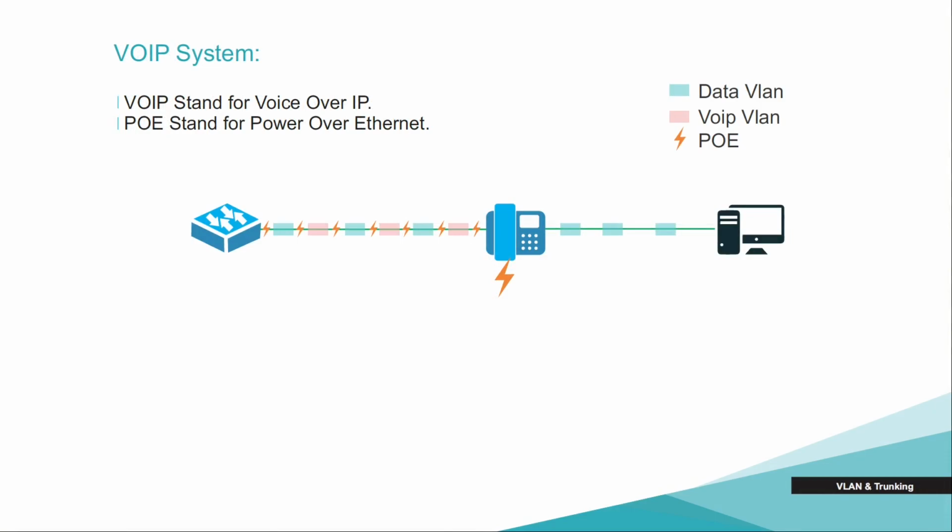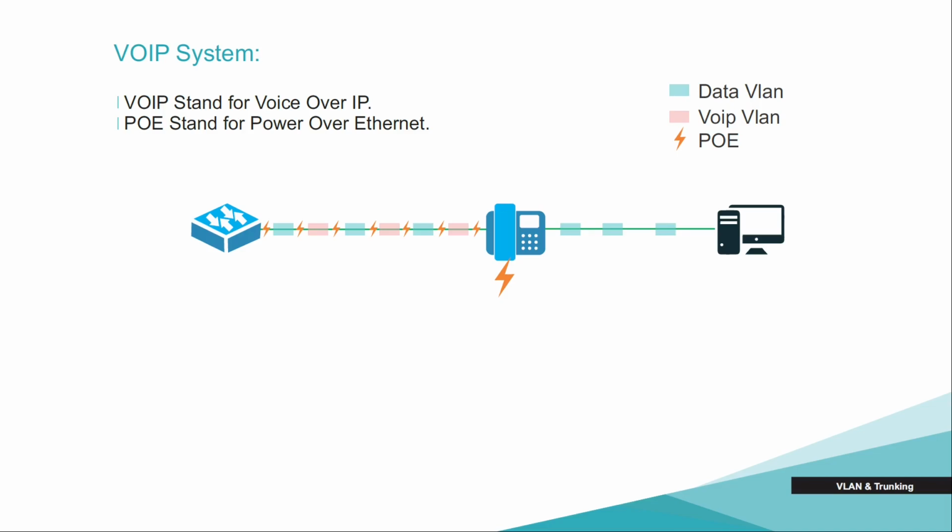Nowadays we are using the VoIP system. VoIP stands for Voice over IP, and nowadays most of the companies are using the VoIP system instead of the classic phone system. So what is the benefit of using the VoIP system instead of the classic phone system? First thing, we will not run a telephone line in order to connect our phone system to the network, and we don't need a PBX to connect our phones.